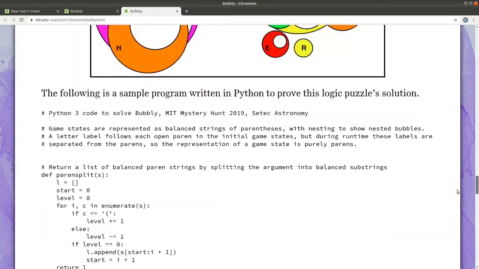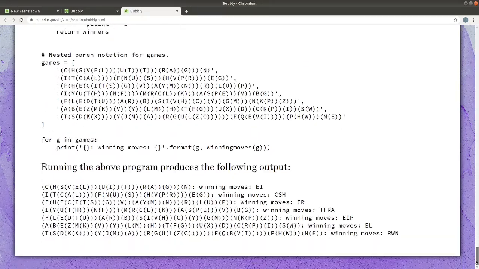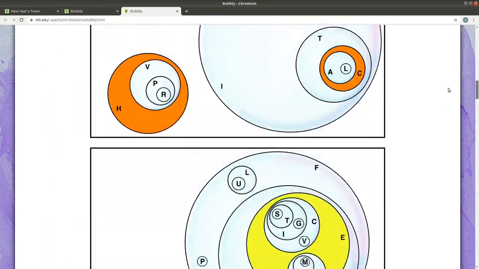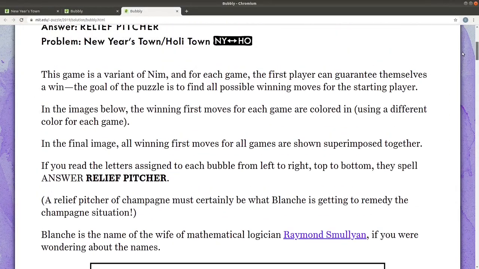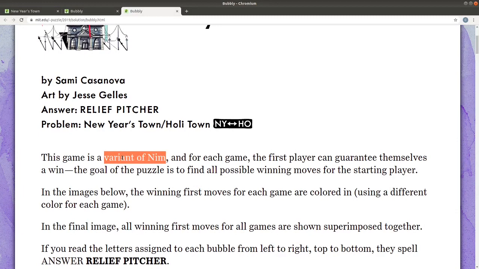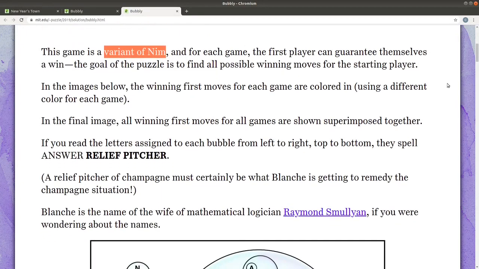So you could read the source code of the program to figure out how you're supposed to find the solution. But the reason they don't go into much detail is because this is a fairly well-known class of games called impartial games. In particular, it's a variant of Nim, which is a very well-known game. So that suggests an approach that will let us solve this.